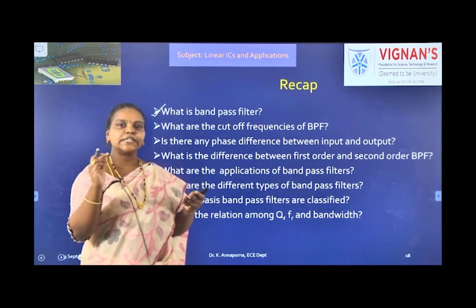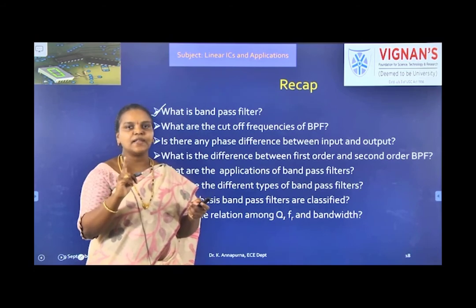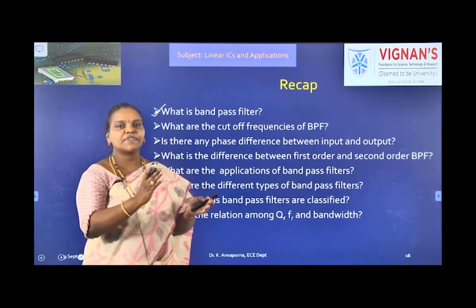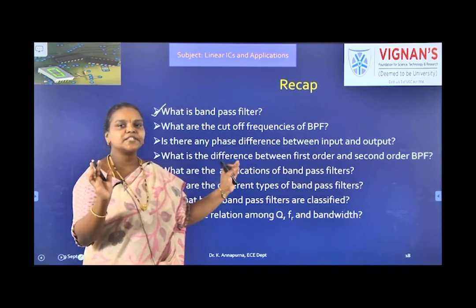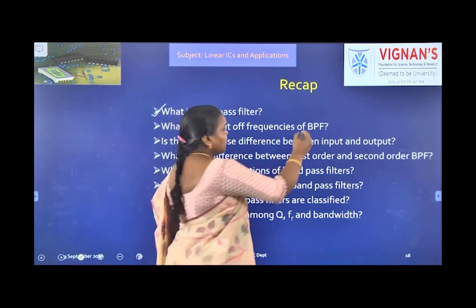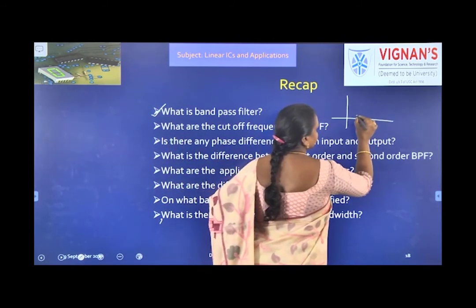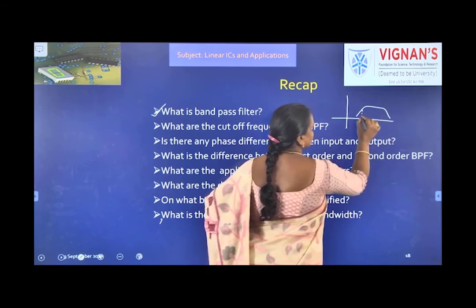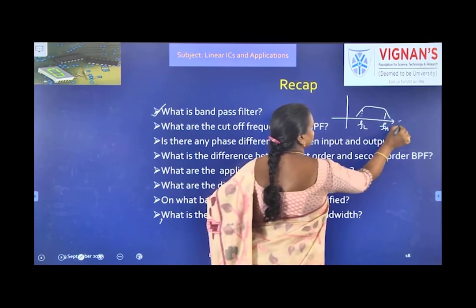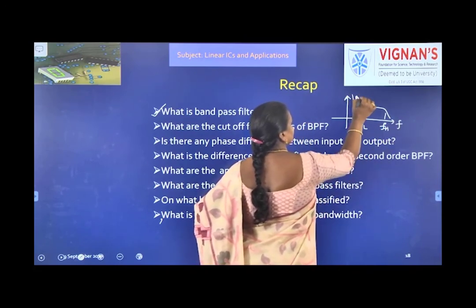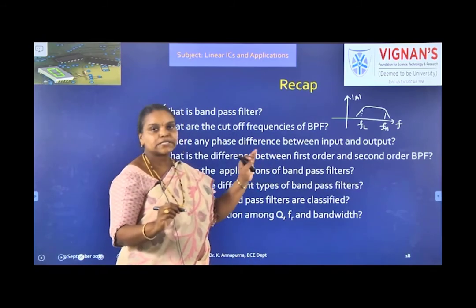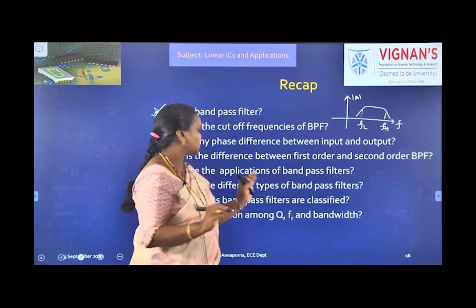Whereas high pass also has one cutoff frequency FL, and it starts passing the frequencies from FL, and before FL it won't pass. Whereas band pass needs two cutoff frequencies to represent. So band pass filter means the response will be like this, and this is the lower cutoff and this is the upper cutoff. So from lower cutoff frequency to upper cutoff frequency it passes, and it stops the remaining frequency signals.